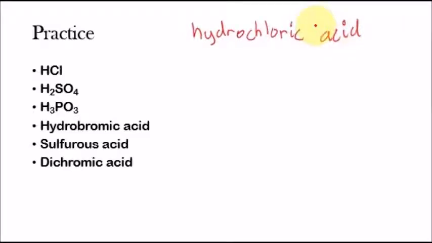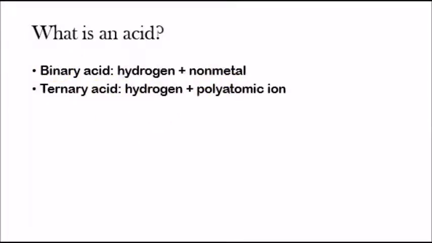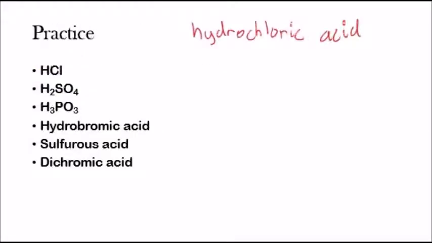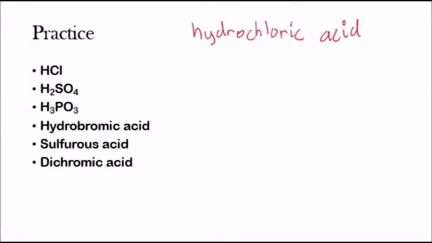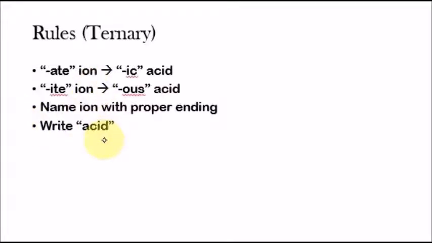Okay. Now let's look at this. Here we have a ternary acid because we have hydrogen and then we have this polyatomic ion right here. So hydrogen plus a polyatomic ion is a ternary acid. What we do here is identify the name of the ion. That's the most important thing with ternary acids: you know what ion you're looking at.